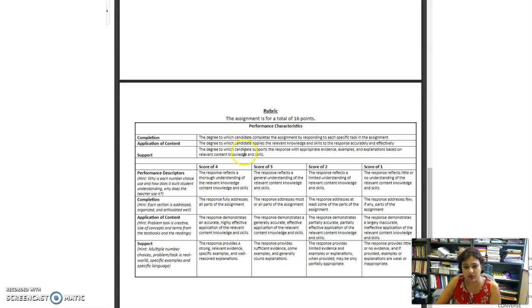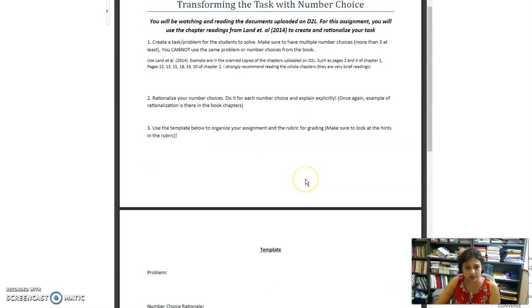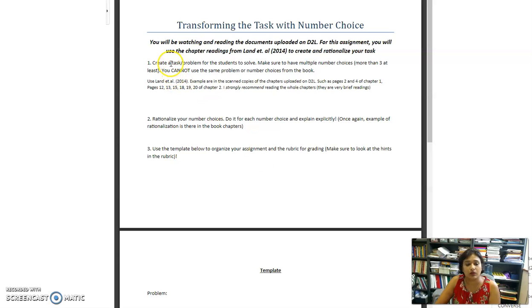The assignment is for 16 points, and this is your rubric that is going to be used to grade it. Once again, you're going to choose a task. This is going to need some thinking as to what your task is and what your number choices are. I've given you some hints about where the examples are from those two chapters. However, I strongly recommend that you read the full chapter so that you can understand the whole context.